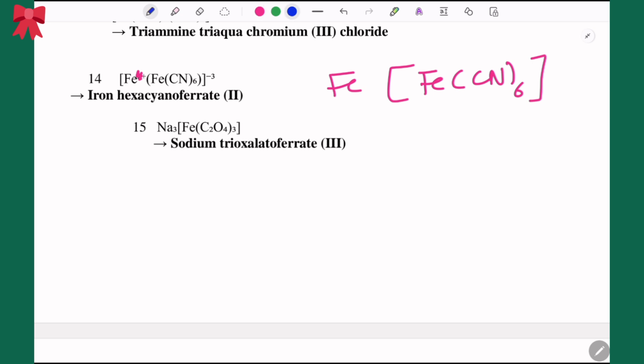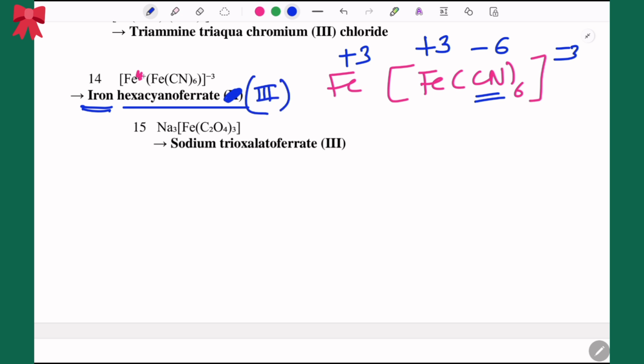Okay, so let's now analyze it. Cyanide in this case is -1, so -1 into 6 is -6. Let's assume that this is +3. So if it is +3, then this will be -3, and this will be just iron, because iron will be +3. So we can write it as [Fe(CN)6] -3. So it will be written as hexacyanoferrate, not 2, it will be 3.